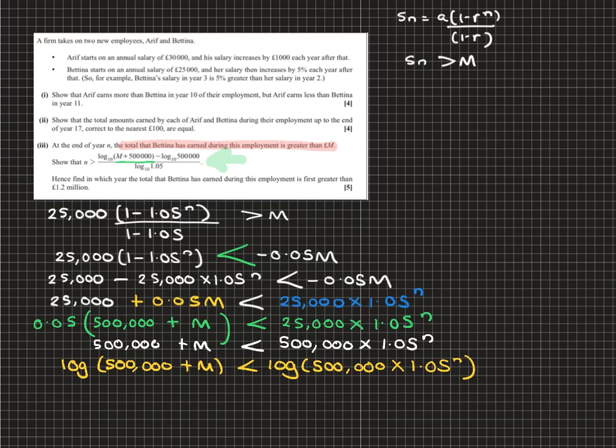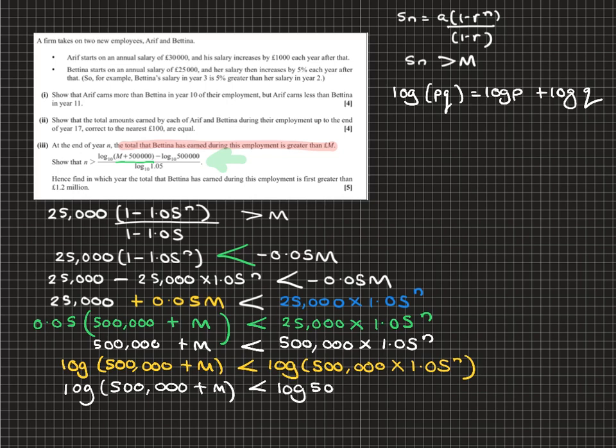Now, we can split up the logarithm on the right-hand side using the log rule that log of pq is equal to log of p plus log of q. So splitting up the product, on the left-hand side, we still have log of 500,000 plus m. On the right-hand side, we have log of 500,000 plus log of 1.05 to the power n.